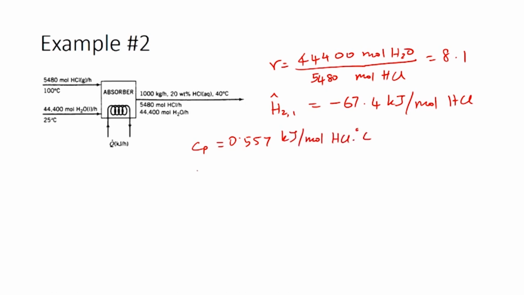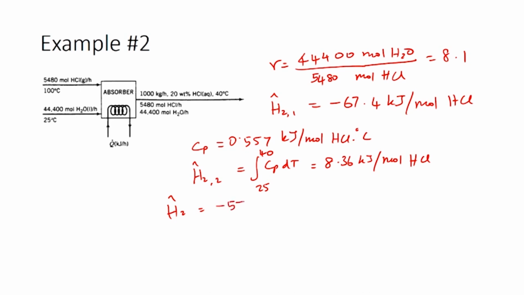So, using this we can calculate the change in enthalpy for the second step, which is integral Cp dt, where temperature is increased from 25 to 40 degrees Celsius. So, this would be equal to 8.36 kilojoules per mole of HCl. So, the total change, which is H2 cap, would be equal to the sum of these two, giving us a value of minus 59 kilojoules per mole.